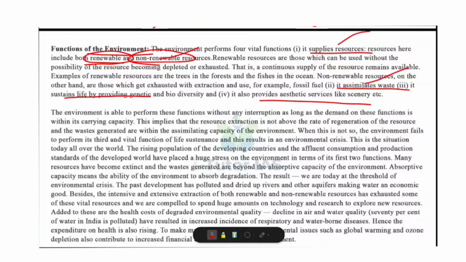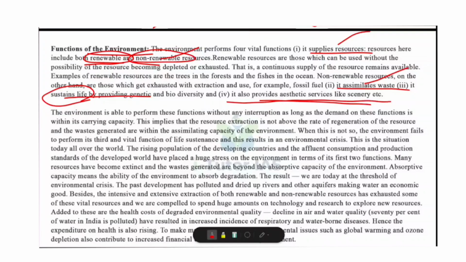And what is its next function? It sustains life. That means it provides the air we breathe and the water we drink, and maintains genetic and biodiversity, which means it keeps various species alive and maintains balance in nature. And it also provides aesthetic services like scenery.